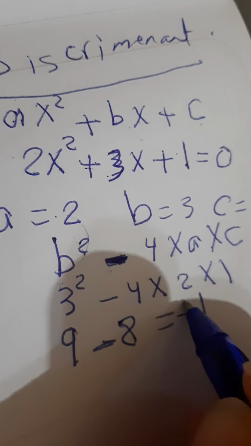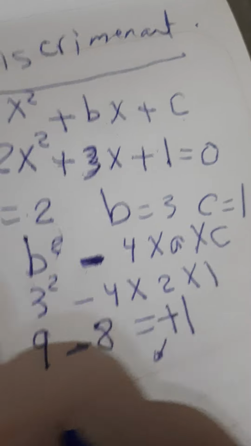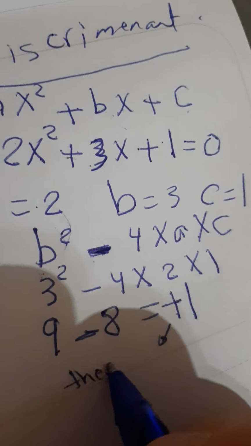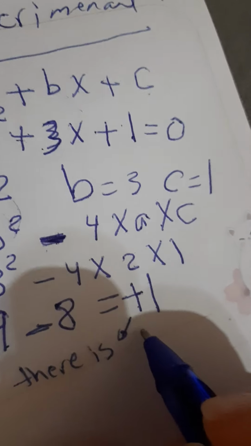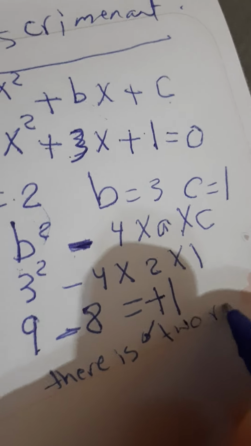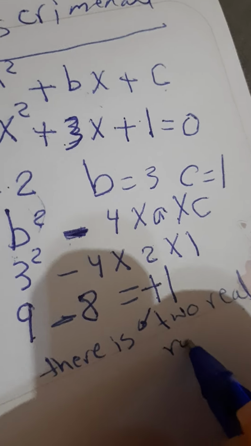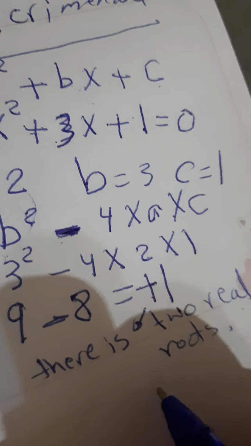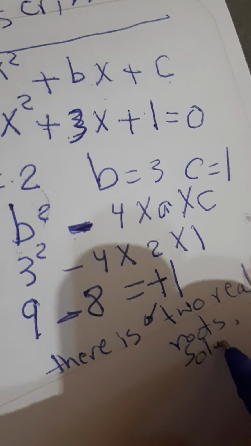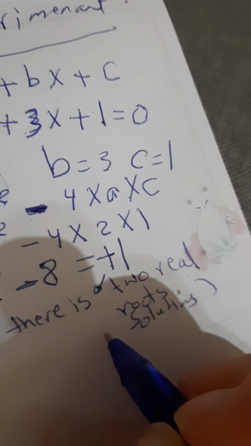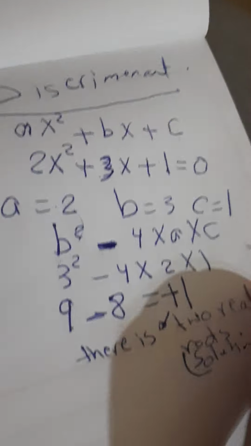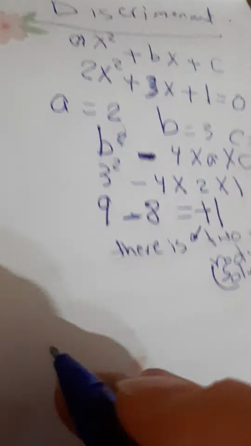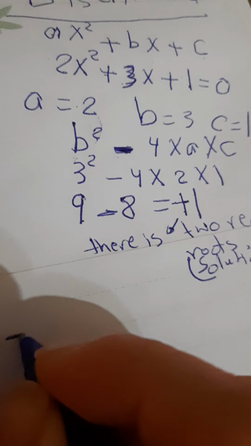Regardless of the answer, if the answer is positive, there are 2 real roots or solutions, the same meaning. Miss, after solving, if we get the discriminant negative, what does it mean?